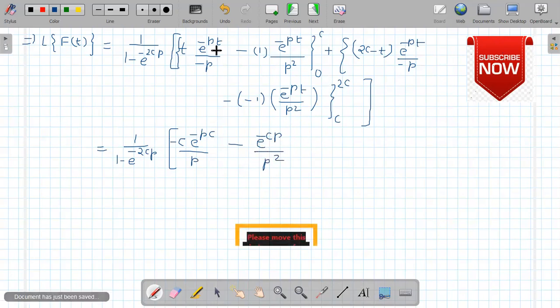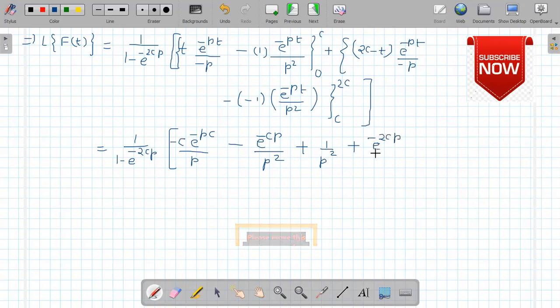At lower limit this will be 0, and this is 1 upon p square, plus at upper limit this will be 0, and this is positive e to the power minus 2cp whole divided by p square.